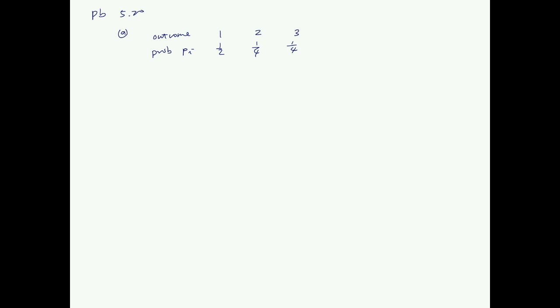For this discrete set of probabilities, I can define the entropy as the sum over possible outcomes of the probability times the log of the probability. Putting this in, I have 1/2 log of 1/2 plus 1/4 log 1/4 plus 1/4 log 1/4.